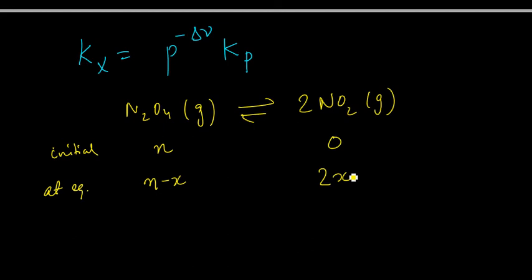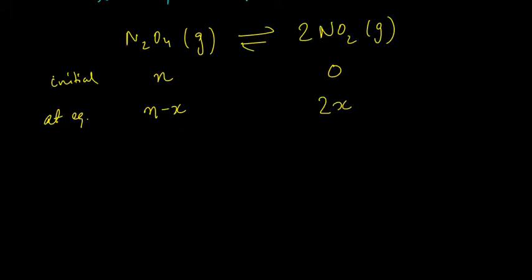And then let's calculate Kp from here. The mole fractions are n minus x over n plus x, and 2x over n plus x.